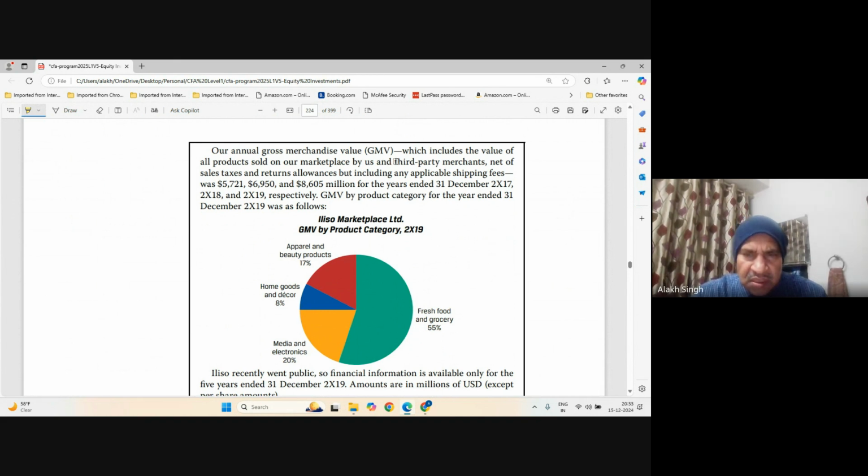Since this is an online business, it has third parties who also come to its platform, like Baba Ramdev had joined Amazon, so he could sell his products using the Amazon website. So one is Amazon selling directly, and the other is third-party merchants. So this gives their revenue.